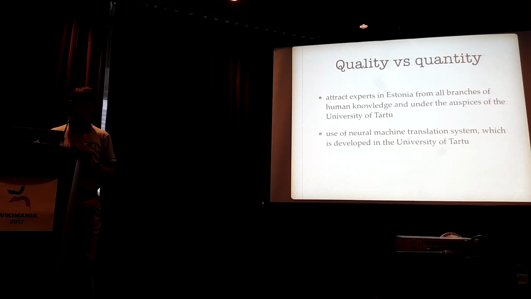And we use a neural machine translation system which is developed in University of Tartu, but it doesn't mean that we just translate with bots and create a massive number of articles. There is human editing in every article.